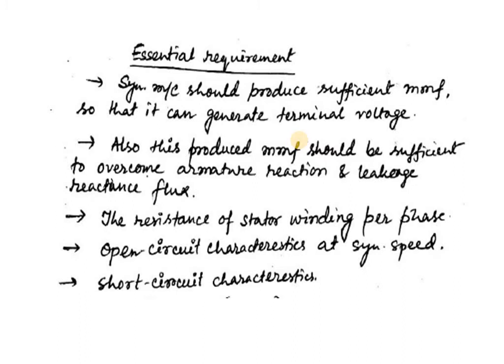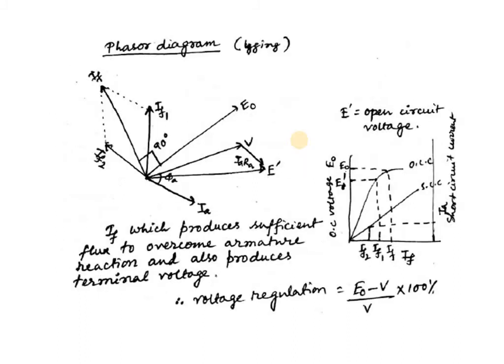This method makes use of the phasor diagram of magnetomotive forces. The following procedure is used for drawing the phasor diagram at lagging power factor. So let us draw the phasor diagram.